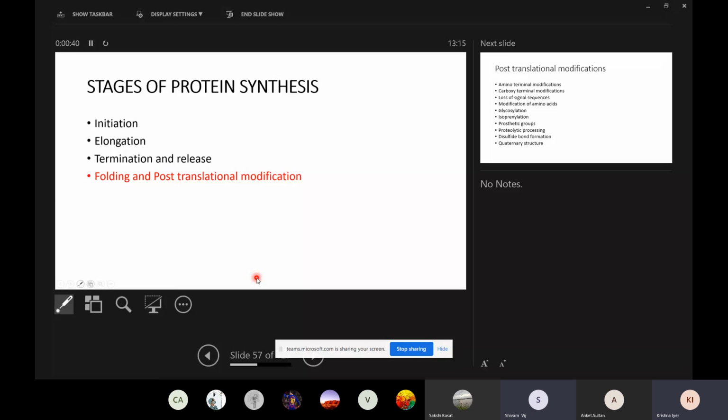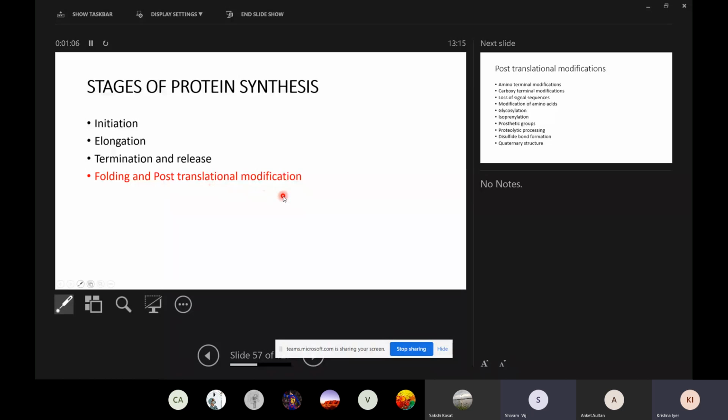And we had just started on looking at what happens after this protein is released. In many cases, after the protein is made, it is further modified, and this modification after the process of termination is referred to as post-translational modification.